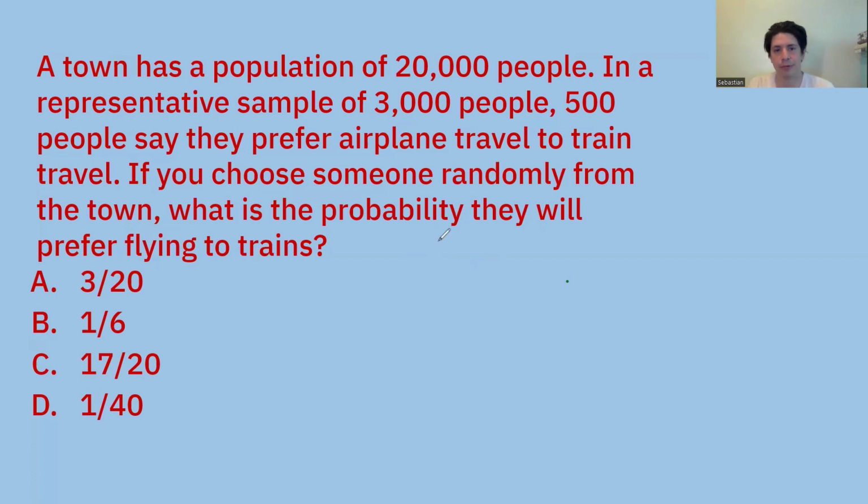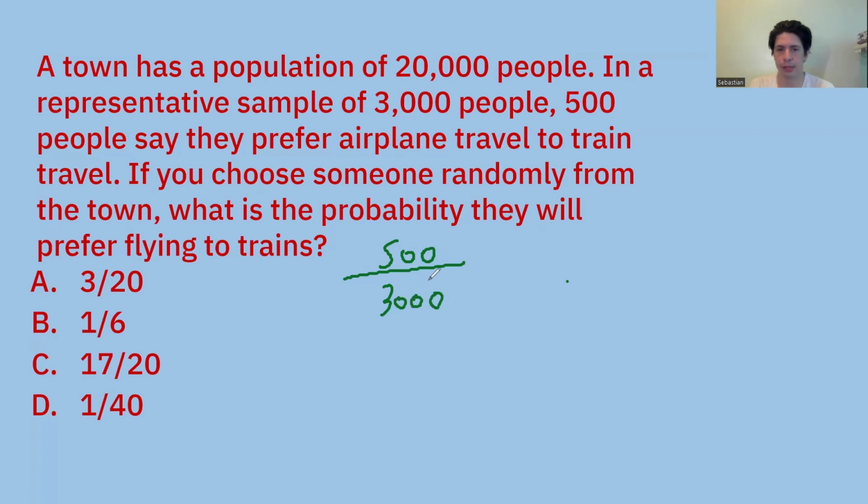In a representative sample of 3,000 people, 500 people say they prefer airplane travel to train travel. They will prefer flying to trains. Okay, so it's just the same as this, right? Airplane to train, so flying to train. So it's 500 out of 3,000. And then this one, actually, we don't use the 20,000 because they're not asking for how many people, it's just asking for the probability.